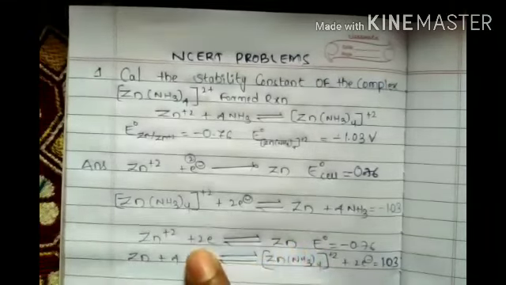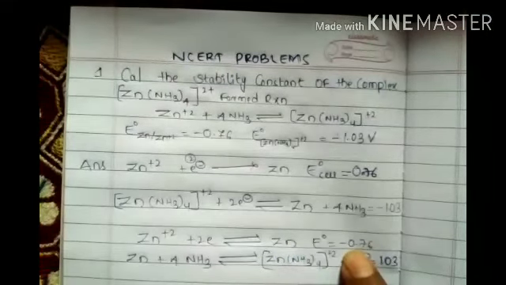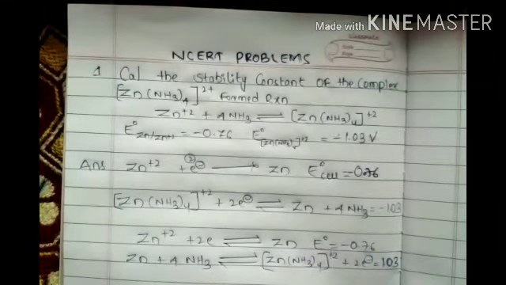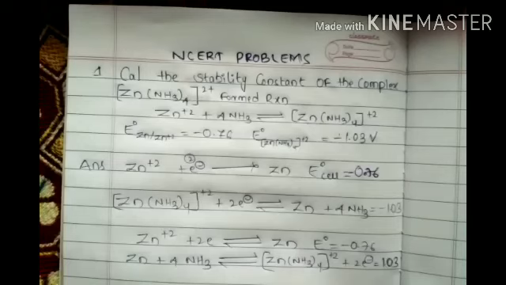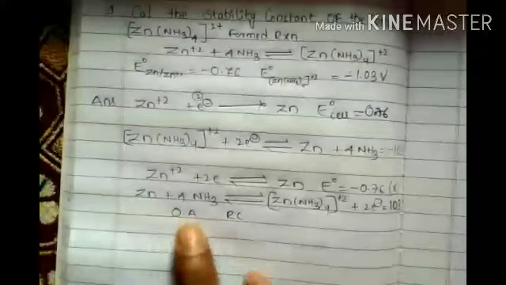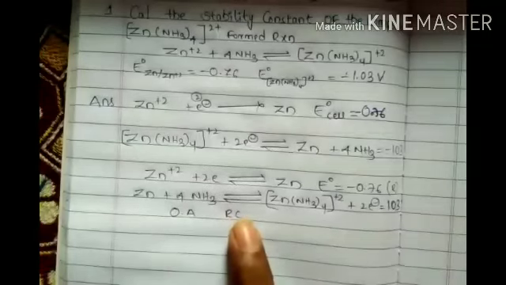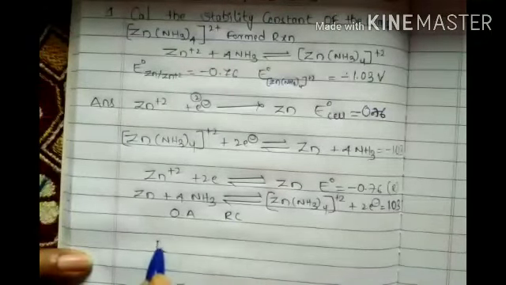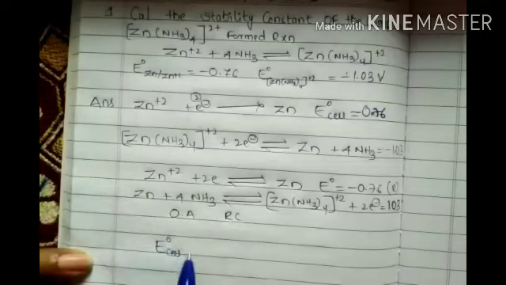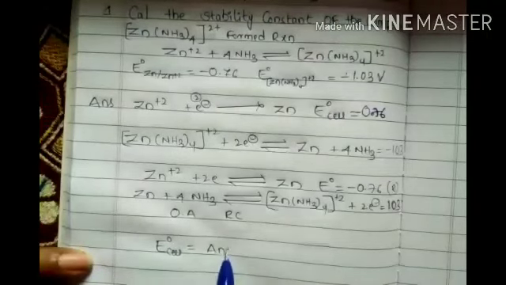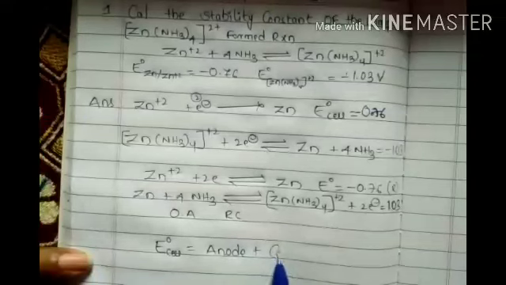Now here, gaining the electron is reduction. Where is reduction going on? At the cathode. Okay. By adding we get, see, in this question, oxidation at the anode, reduction at the cathode. See, one formula is there: E naught cell equals E naught anode plus E naught cathode.